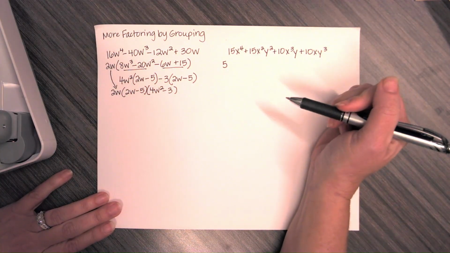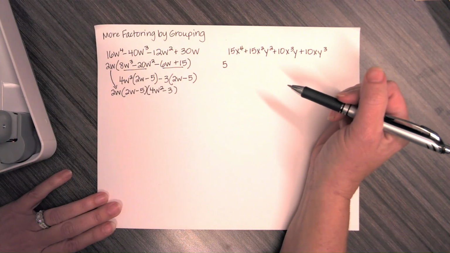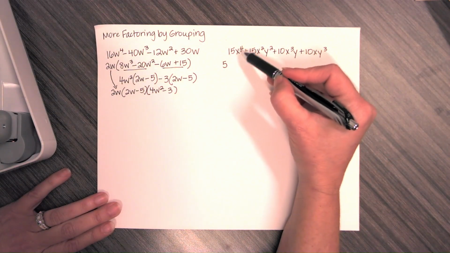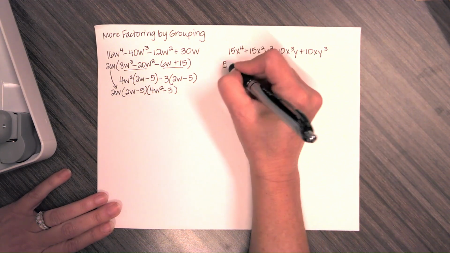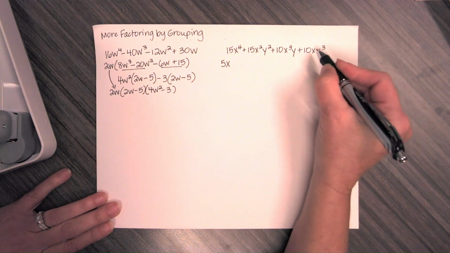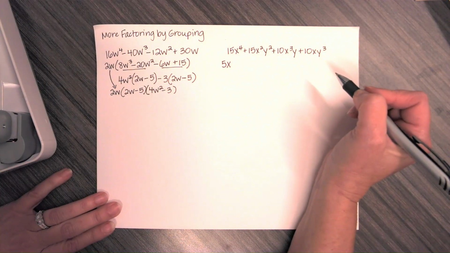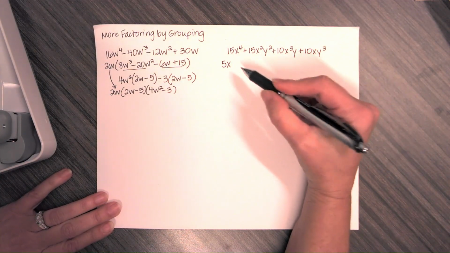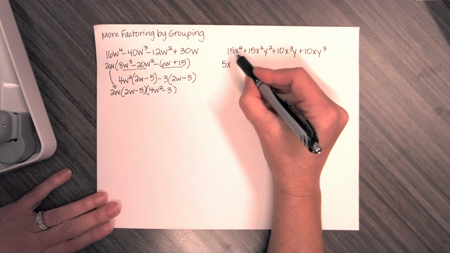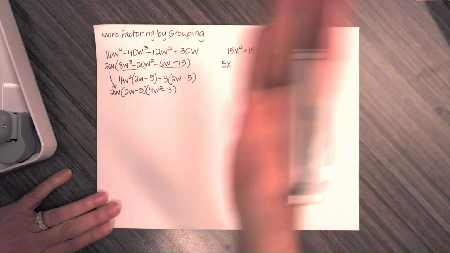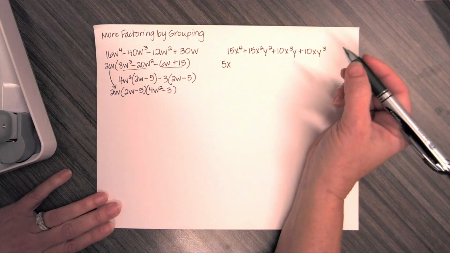Now I'm going to check for the variable portion and see if they have anything in common. I have x to the fourth, x squared, x cubed, and an x. So the most I'll be able to take out is an x because that's what this one has, and it's the lowest. Y's I cannot take out because this one doesn't have any y's, and they would all have to have y's in order for me to be able to factor out a y.